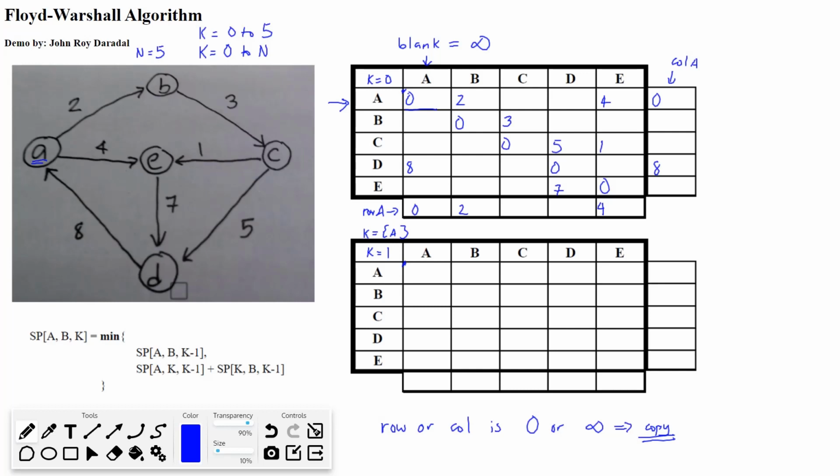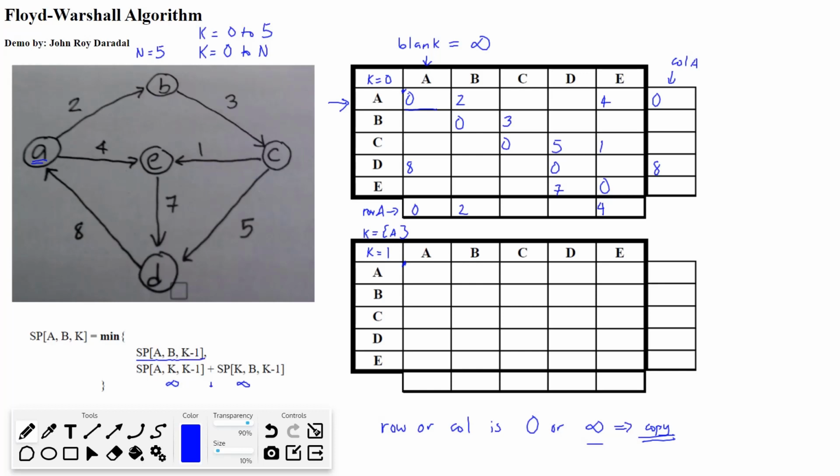Okay, so you'll compare that with A k minus 1 plus k b k minus 1, and you take whichever is minimum. So why will we copy if the row or column is infinity or 0? It's because if it's infinity, then that would be either infinity here or infinity here, and infinity plus something will never be chosen for the min value, so we'll just need to copy the previous value.